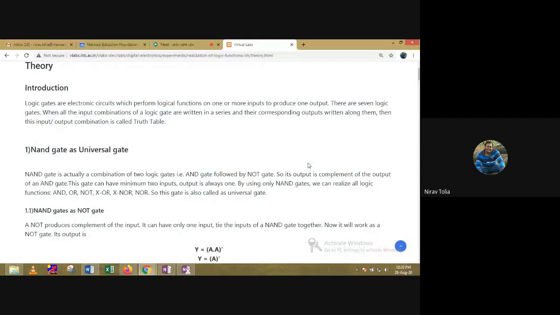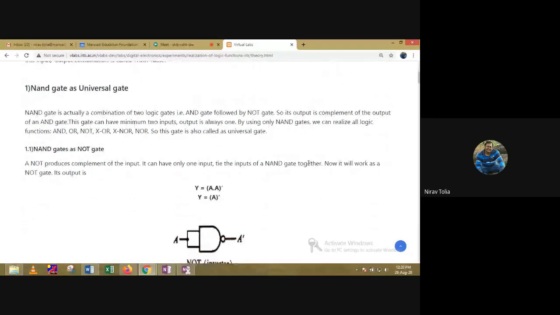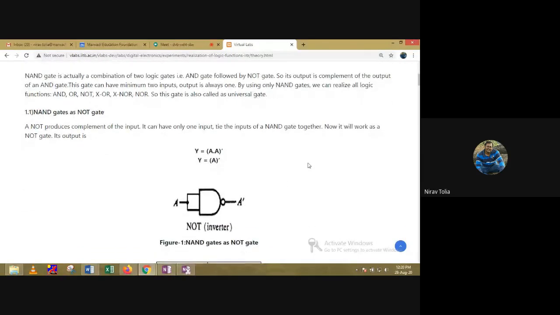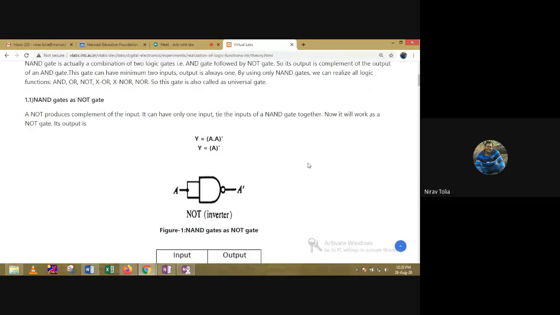So the first one is we have to implement the NAND gate as a NOT gate. Now the NAND gate has two inputs, but for a NOT gate we require a single input only, because a NOT gate has a single input and single output.